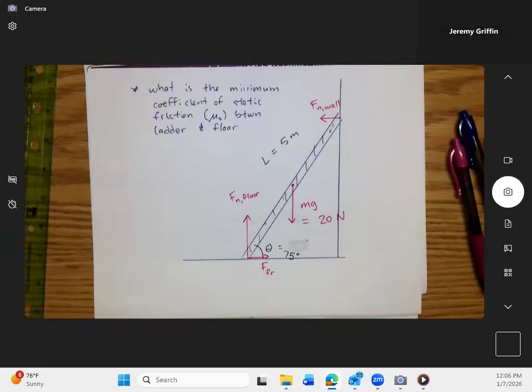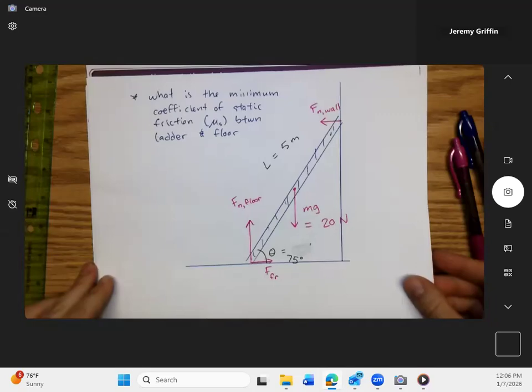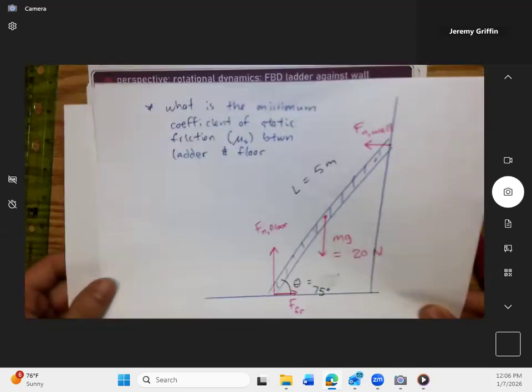This is the weight of the ladder. This is the cosine for it. And then plus the other.